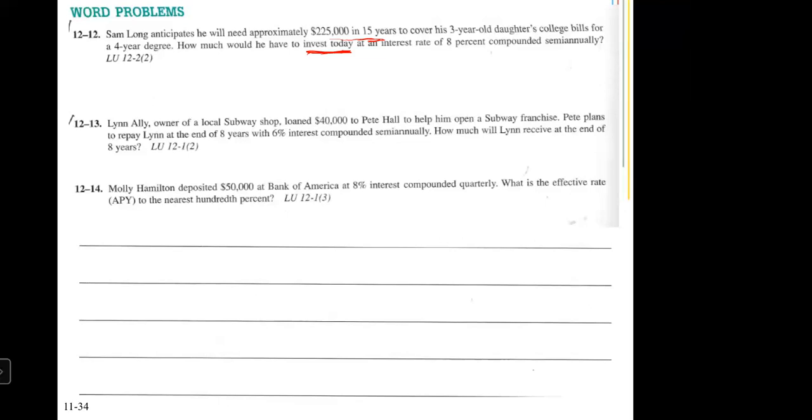It says the person owns a shop, loaned 40,000 to someone. The person plans to repay at the end of 8 years with 6% interest compounded semi-annually. How much will the person earn at the end of 8 years? So we want to know what the future value of that investment or that loan will be.